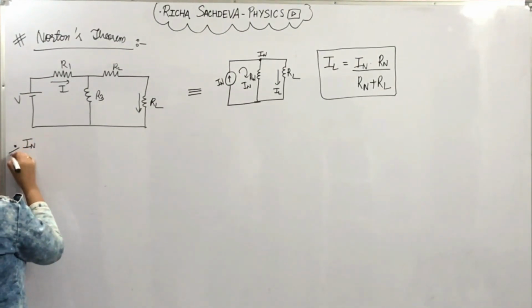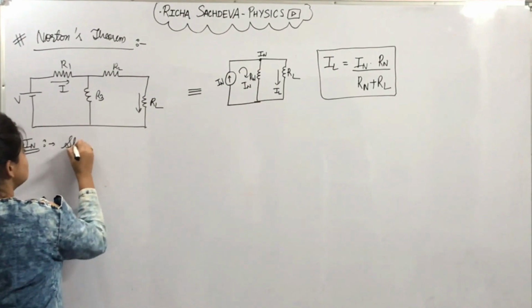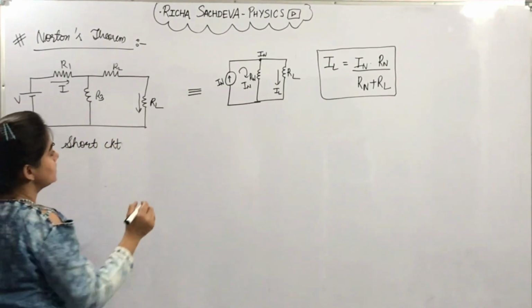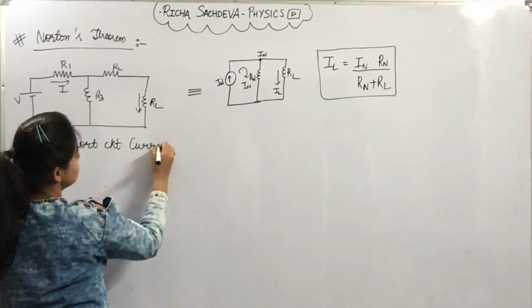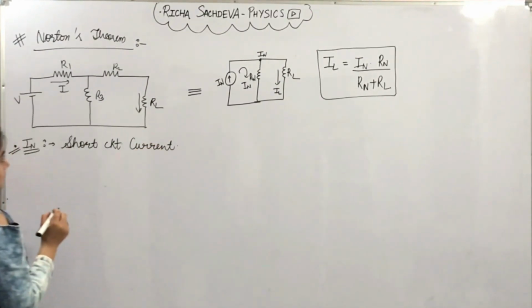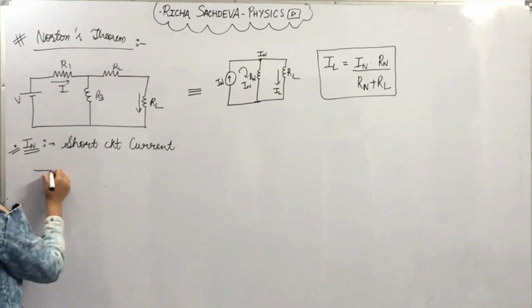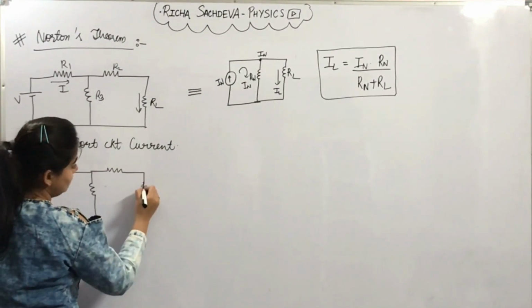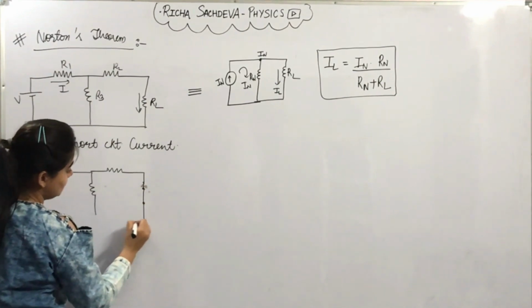So what is IN? IN is short circuit current. What was VTH? It was open circuit voltage. This is short circuit current. So what we need to do is we need to short the resistance.